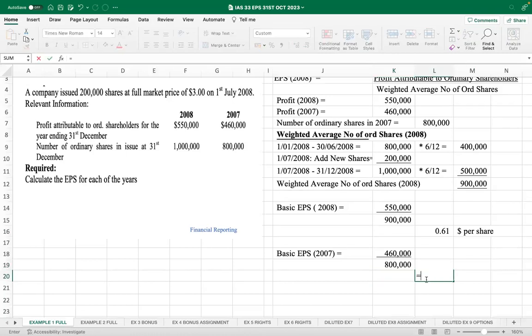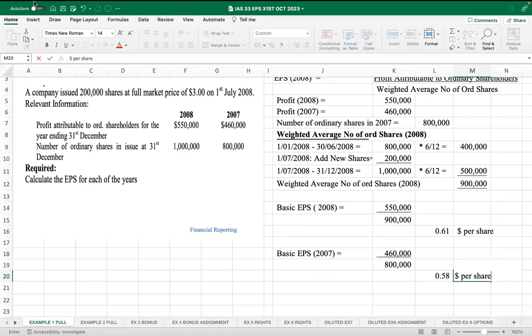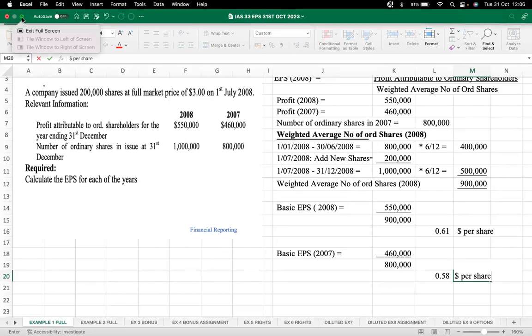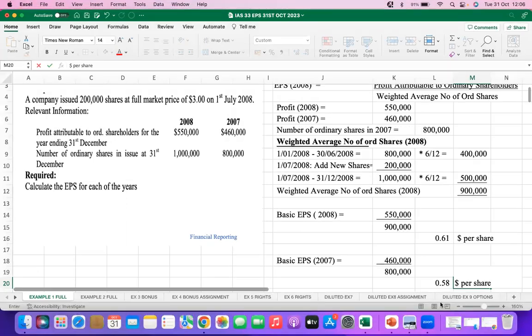So the basic EPS will be 460 divided by 800, which gives us $0.58 per share. So that's the first example of how to calculate the basic EPS.